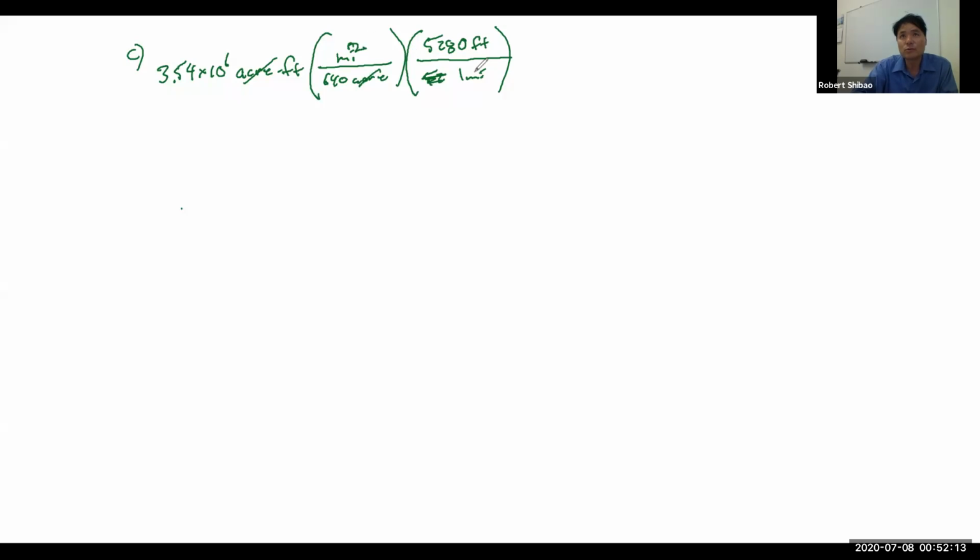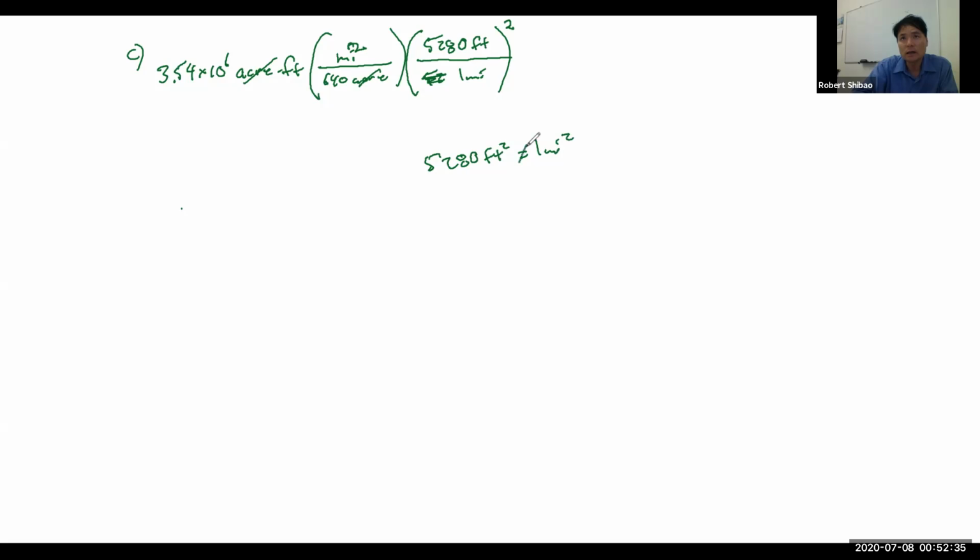But this is miles squared. This is linear miles. And so again, I have to square the whole thing. This 2 comes from the fact that this is miles squared. This is miles. This is not true. 5,280 square feet is not equal to 1 square mile.